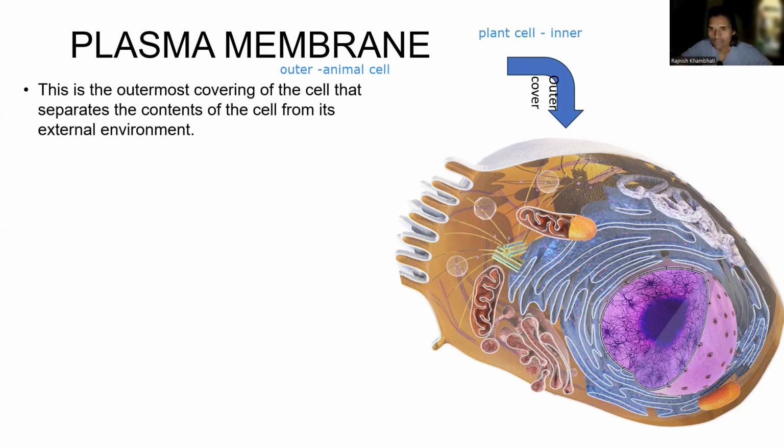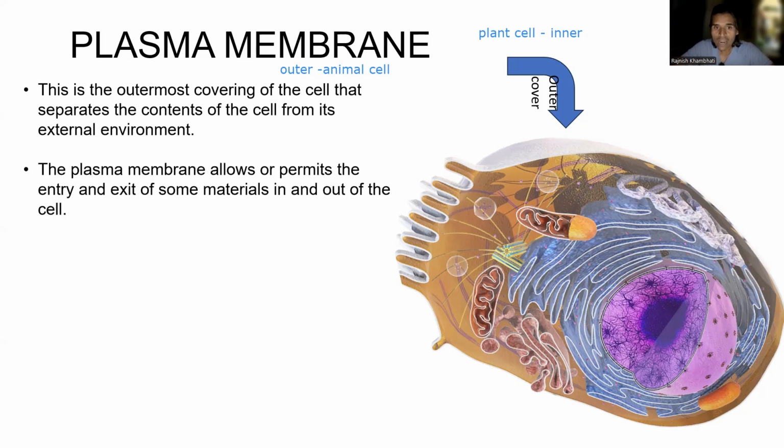It is making a barrier between its external environment and its internal environment, so that the external environment does not interfere with the internal environment of the cell. That is its main function. Second, the plasma membrane allows or permits the entry or exit of some material, because it is the outermost structure.